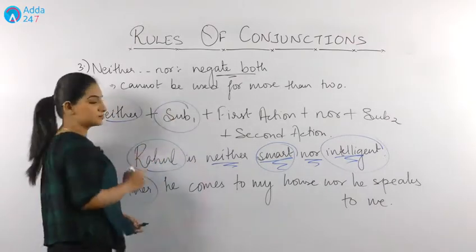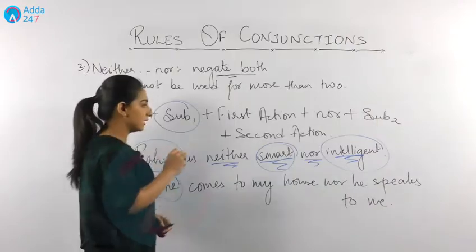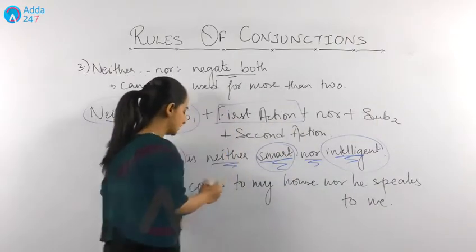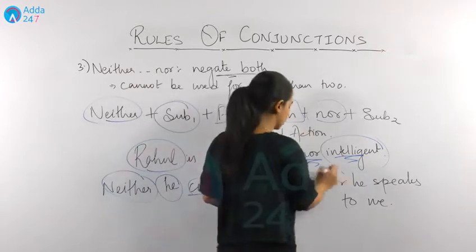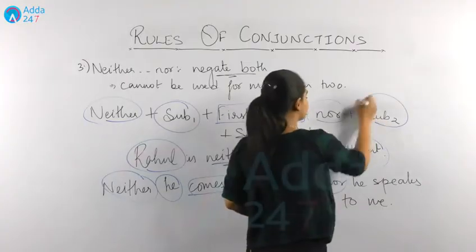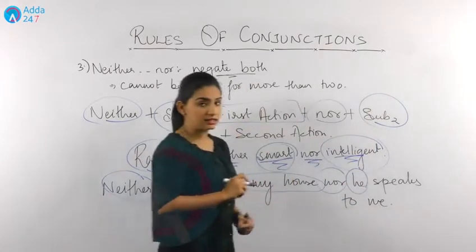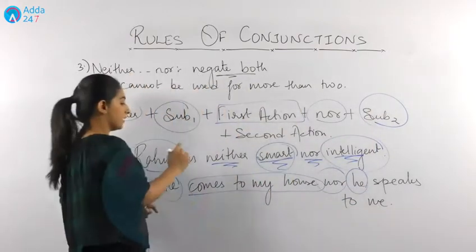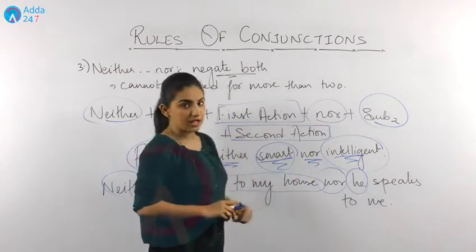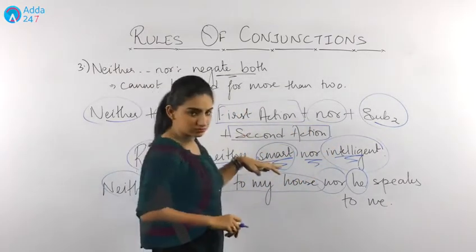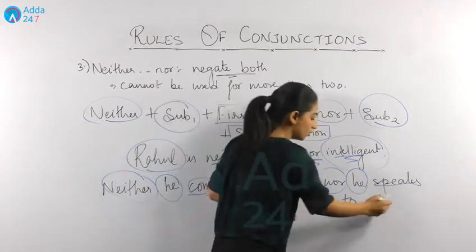Then I told you to write the subject 1, which is there. Then I told you to write the first action, which is there, comes to my house. Then I told you to write nor, which is also there. Then I asked you to write subject 2, which is again he. It is mentioned there. Then I asked you to write second action. And when I said second action, it is there, speaks to me.